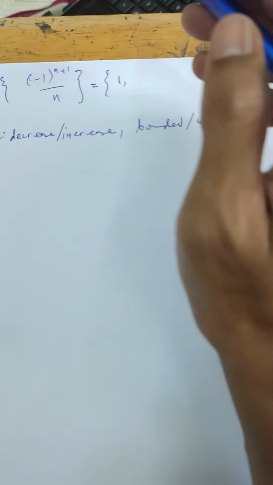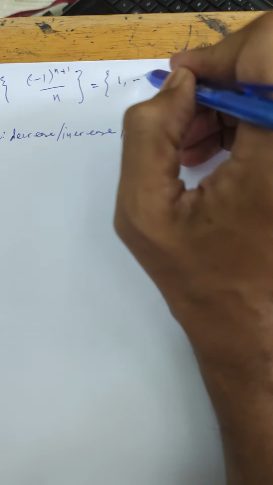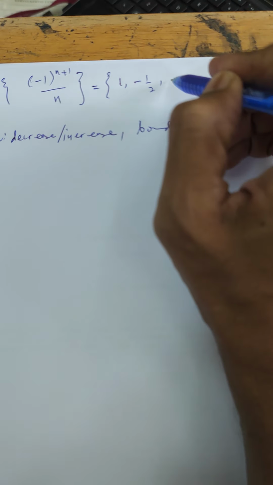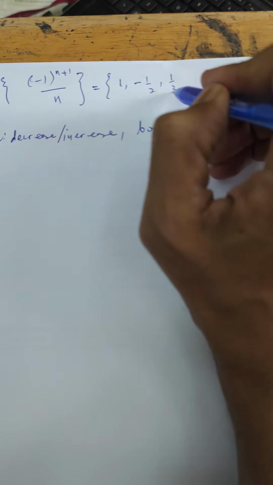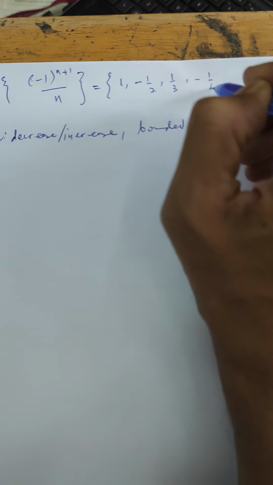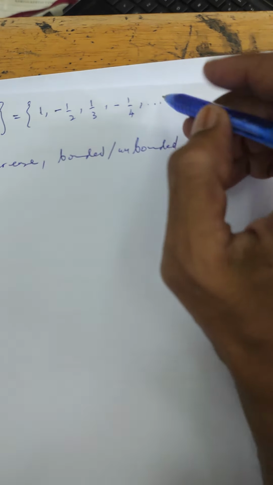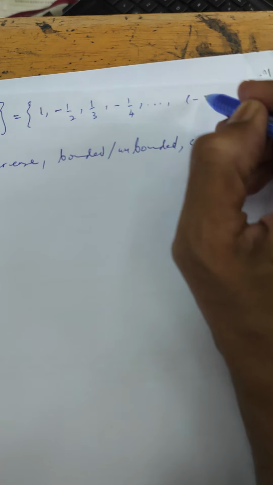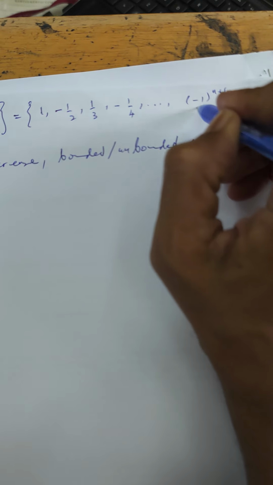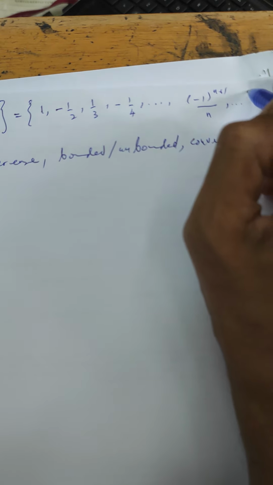When n equals 2, we have minus 1 over 2, then 1 over 3, then minus 1 over 4, and so on, up to n terms.